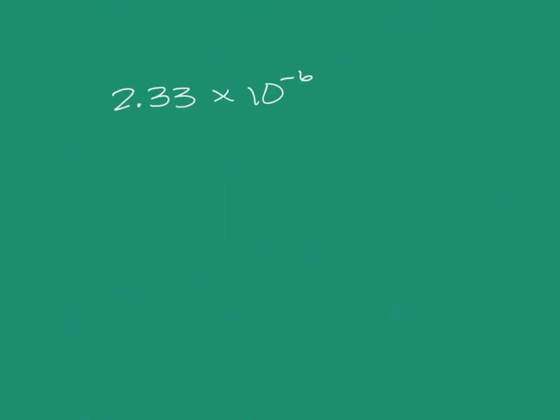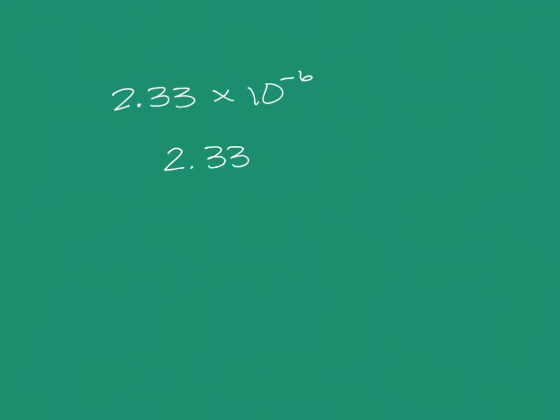What if they gave it to me in scientific notation and they want me to write it in standard form? Well, here they are telling us that they had something smaller than this 2.33, and they moved that decimal way over this way because it was so small and they didn't want all those zeros after the decimal.